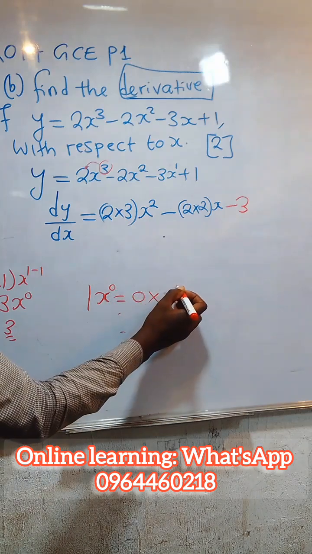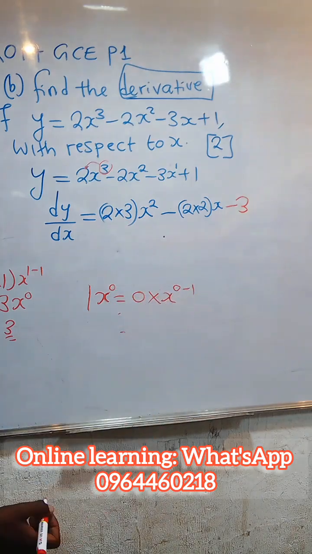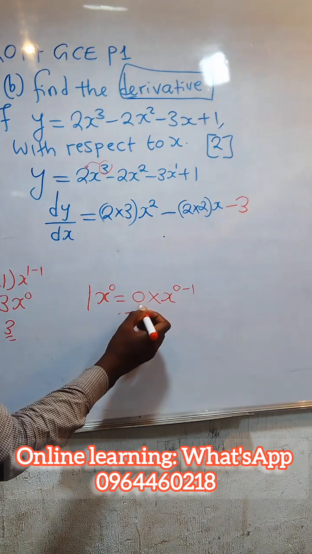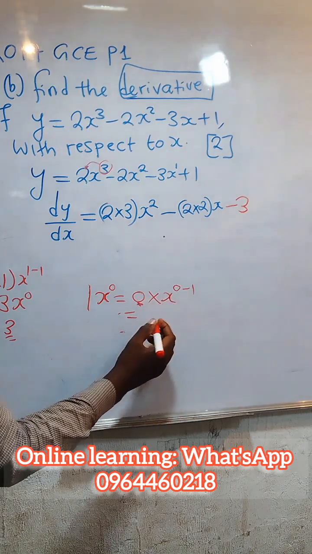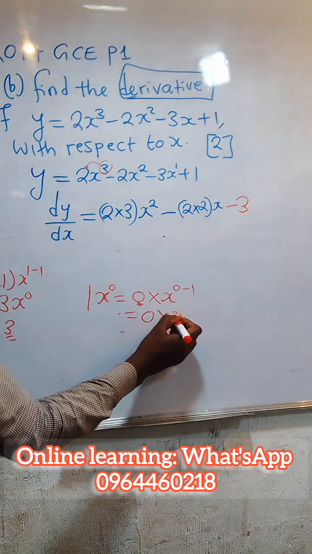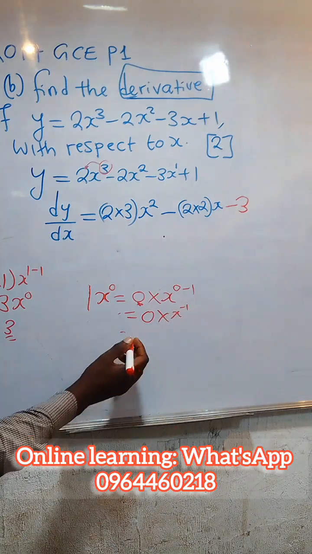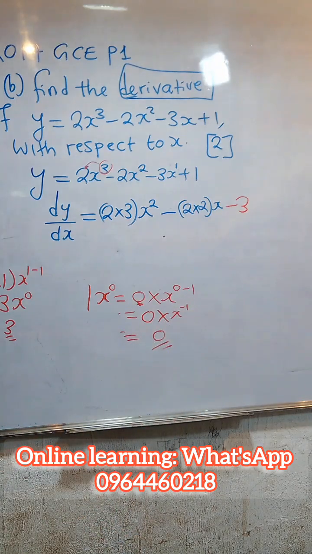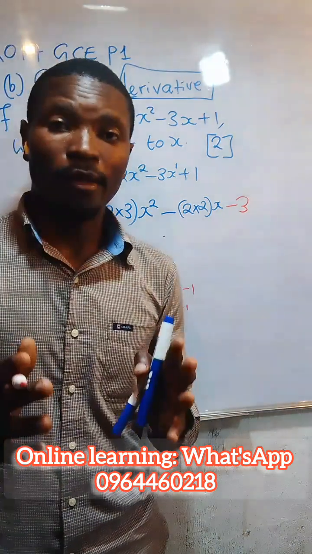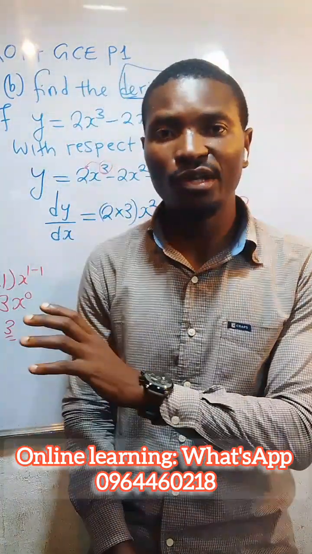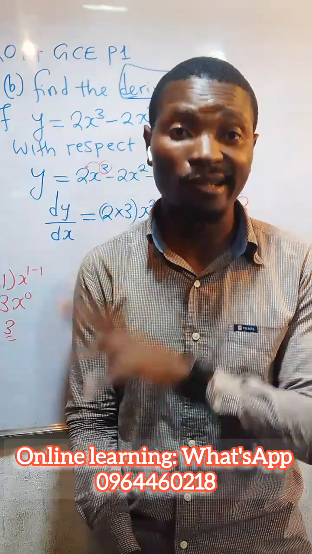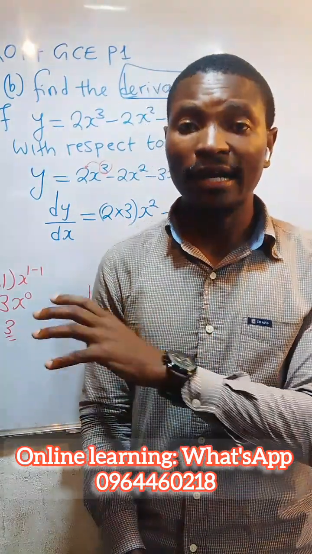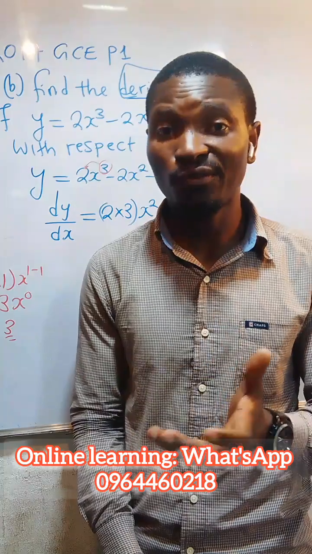The power reduces by 1, so you say 0 minus 1, and whatever you have, 0 multiplied by x to the power negative 1, everything just becomes 0. So you can see that when you are dealing with the derivative of a constant, it is always equal to 0, and that is just how you prove that.